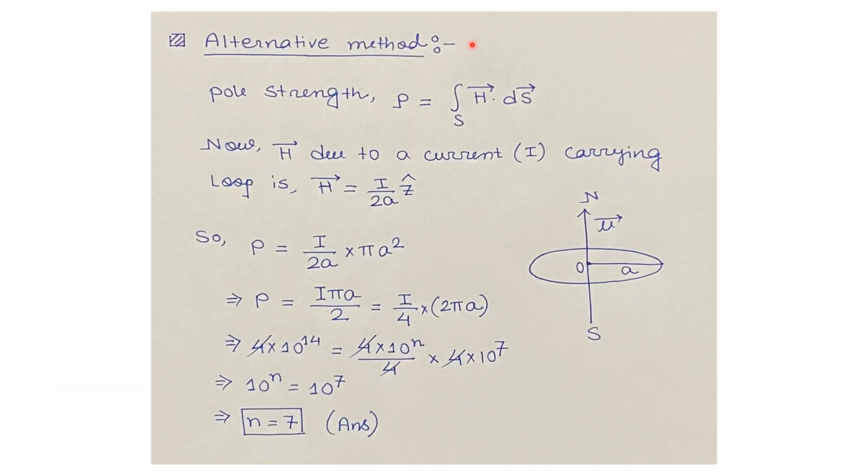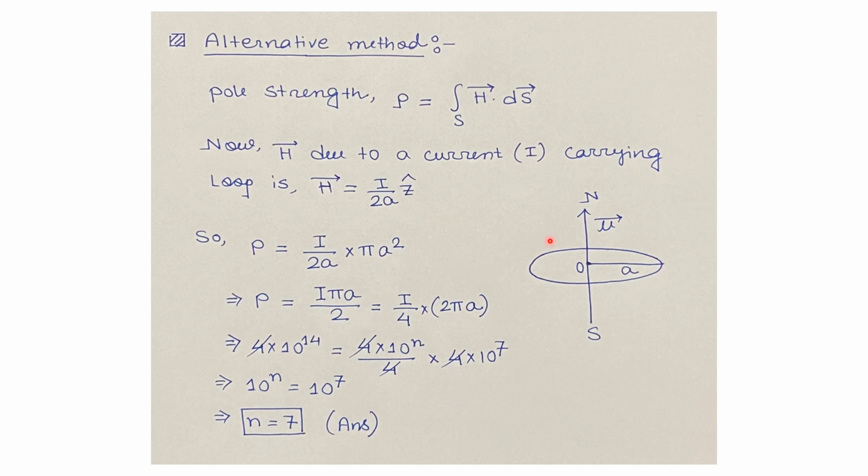We can also solve this problem in an alternative manner. The definition of the pole strength is given by P equals the surface integral of H vector dot dS vector. We are considering the Earth's magnetic field is due to a current carrying loop having radius small a. For that current carrying loop, the H field is given by I by 2a along the z cap direction.